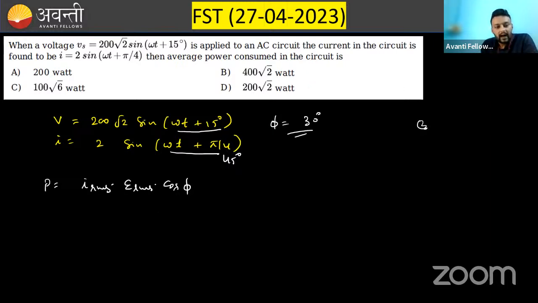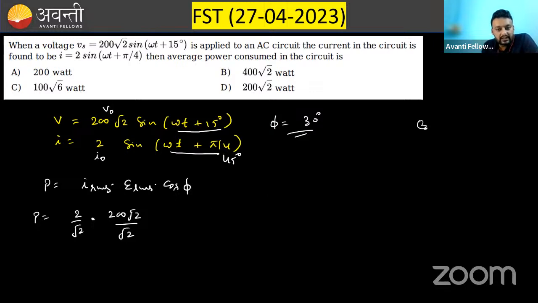Now, one more thing. IRMS is, this is the value of I naught, this is the value of V naught, or you can say E naught, whatever you want to say. So IRMS is I naught by root 2, that is 2 by root 2, into ERMS is V naught by root 2, that is 200 root 2 by root 2, into cos phi.